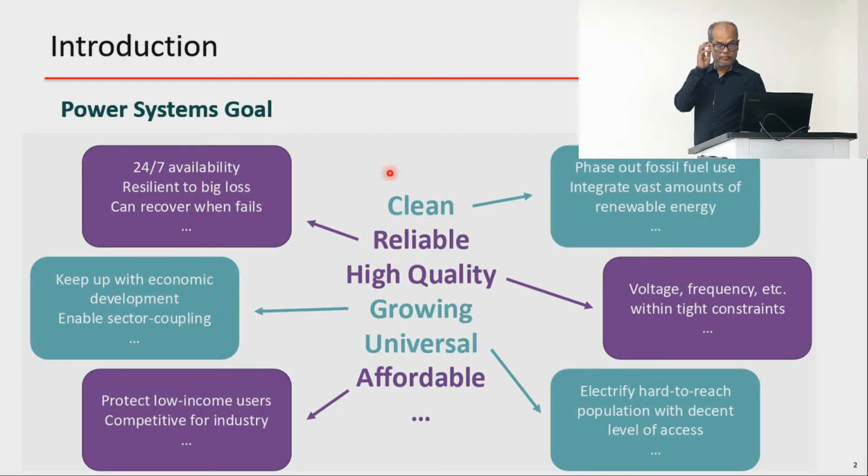Now, all of you already know what we expect from a power system, or as an engineer, if you want to design a power system, what are the different aspects that we need to consider while we are designing and operating the power system.